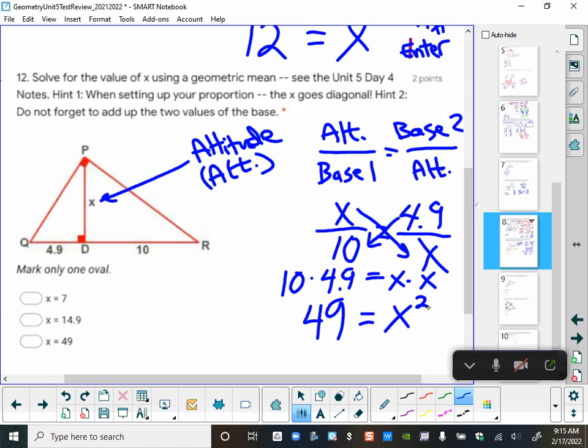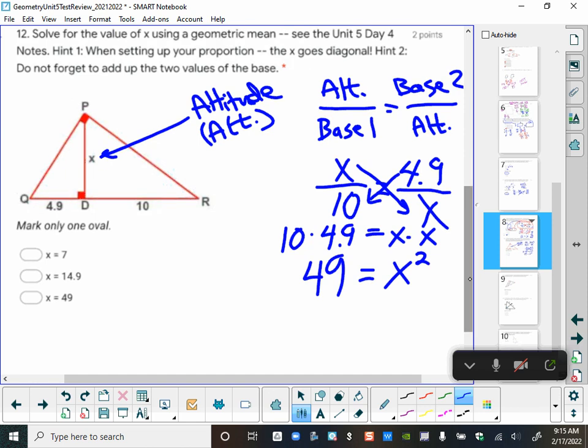It's actually much easier than you think. So, what would be our square root of 49? 7. That's right. There you go. That's 7.